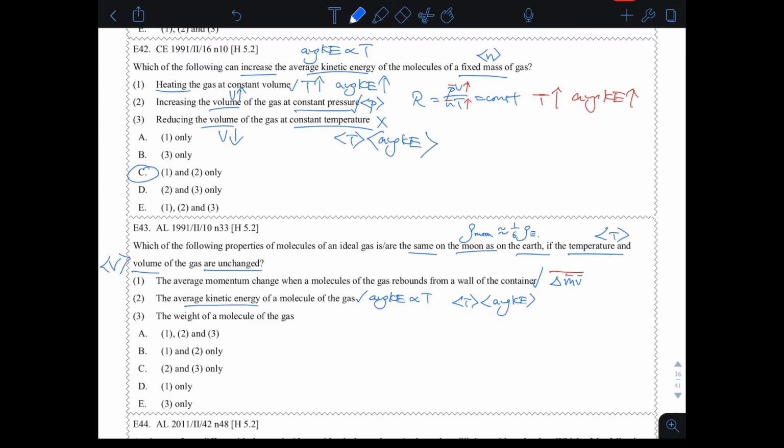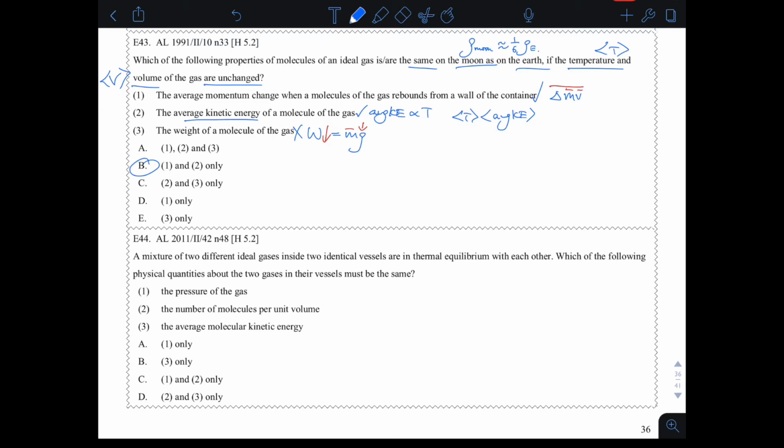Next, the weight of a molecule. The weight of a molecule is mg, right? m is unchanged, g is decreased because of the moon gravity. Then the weight of the molecules is decreased. The mass of molecules is unchanged, but the weight decreases. So this one is changed. That means this is wrong. Then the answer should be D here.